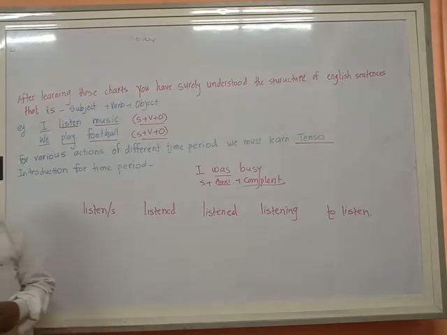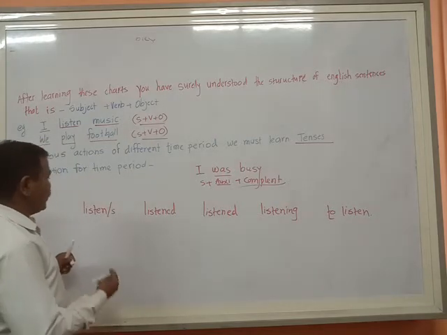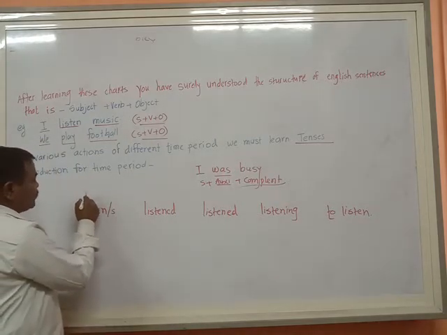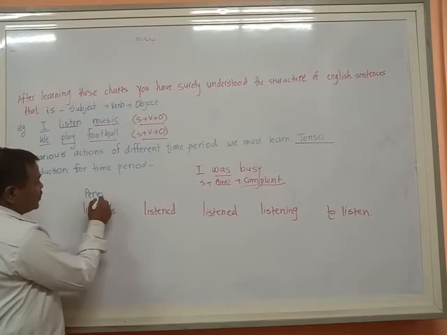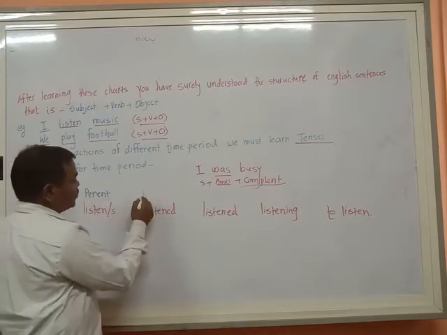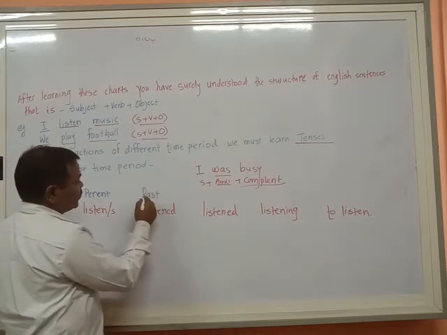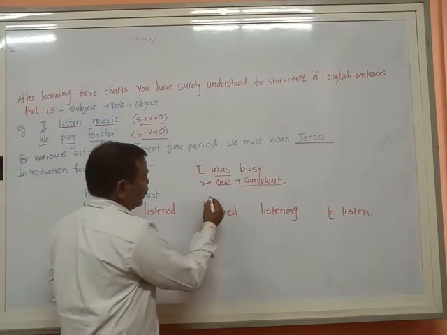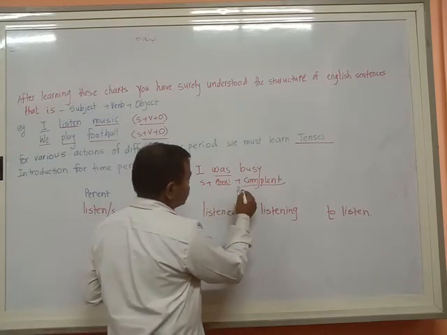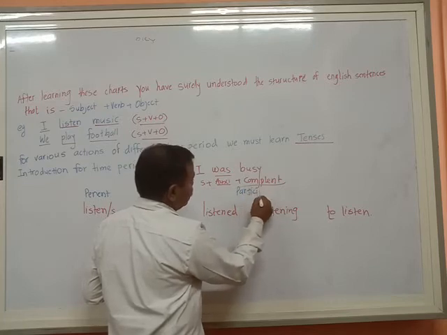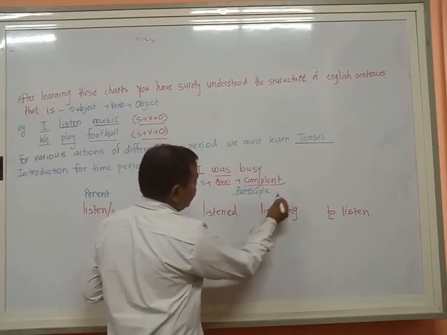So every main verb in English is classified into 5 forms. The first form is known as the present. The second one is known as the past tense. The third and fourth are known as the participles. Both of them are known as participles.